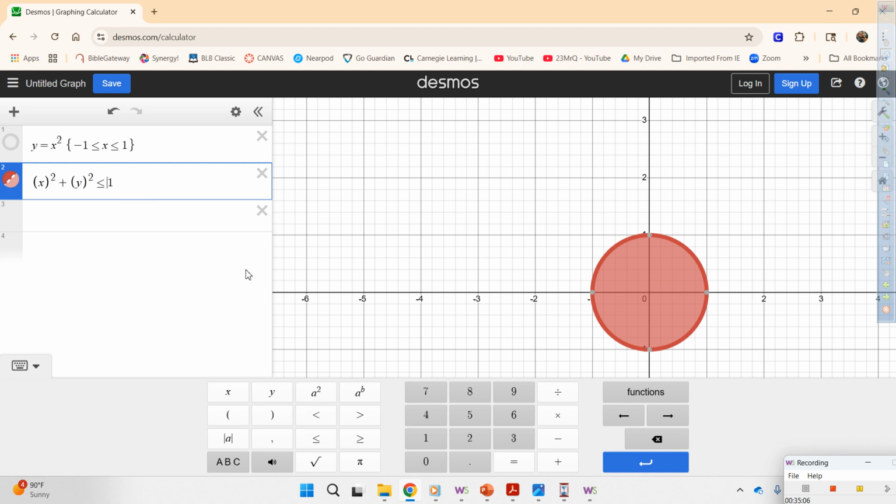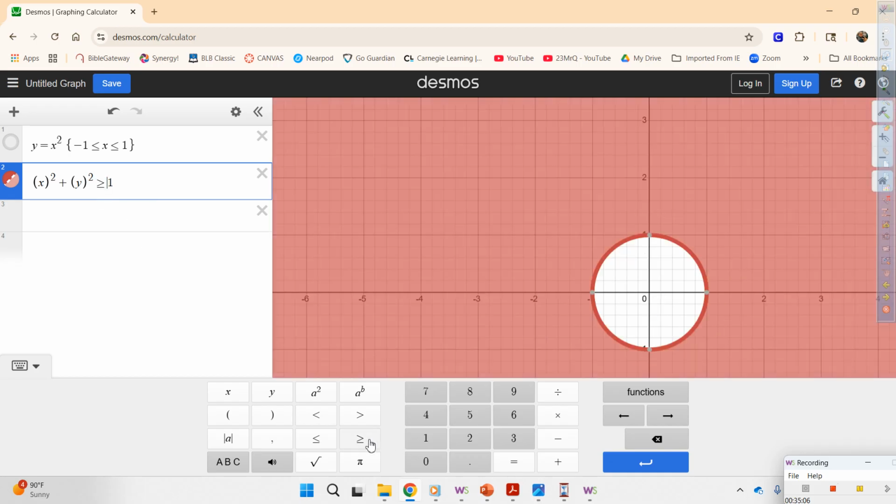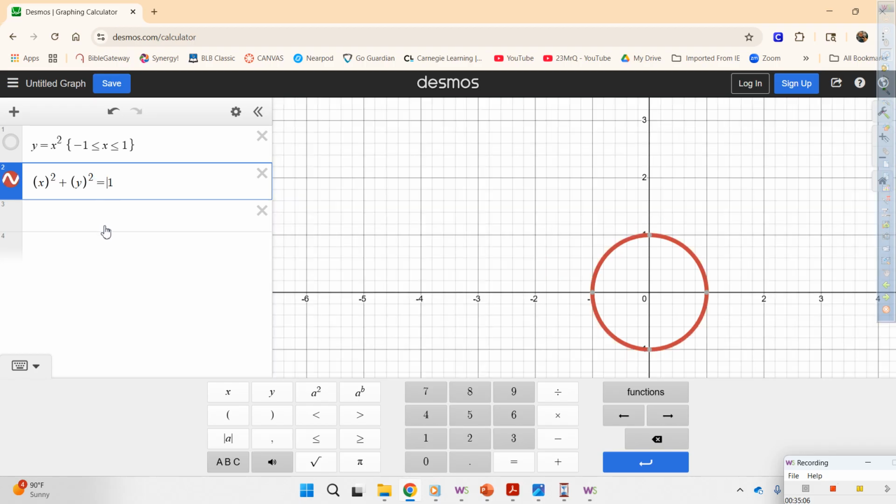But what if we wanted to shade the outside of the circle? Change that to greater than or equal to. How we doing? Let's change it back to equal. However, right now the radius is 1 in each direction, yes?